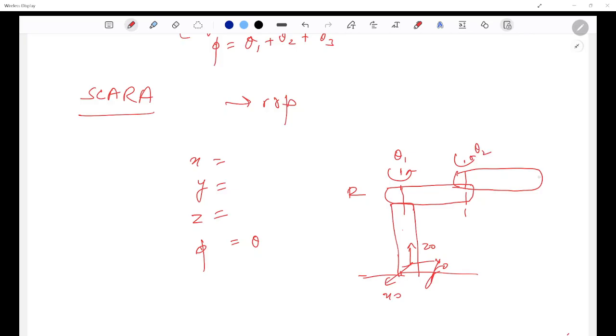And here we have a prismatic joint attached. This is the axis along which it moves, right? And this axis has a tool at the end.